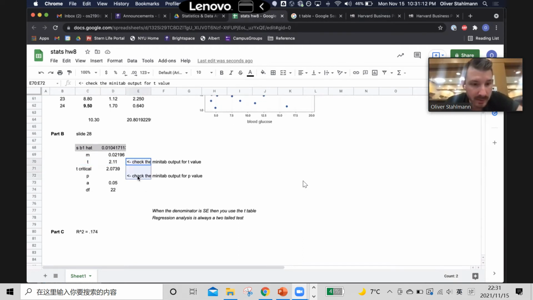Okay, I can check those in the tab. The T and the P. And by the way, if that T is correct, you would get a P value which is smaller than 5%, but not particularly small, because the T value and the T critical value are very close.